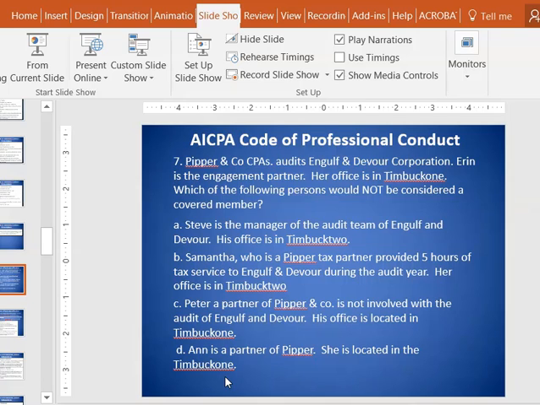So which of the following persons would not be considered a covered member? So we're looking for the exception in this listing. So go ahead and analyze the question and the answers, stop the video, and when you're ready with your analysis, go ahead and restart the video and review for the correct answer.